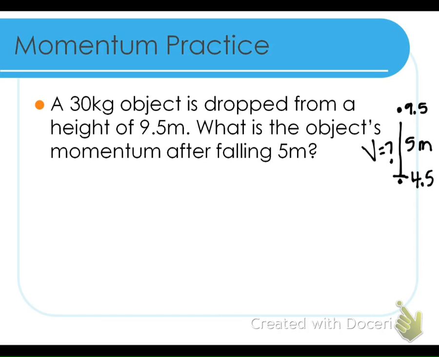All right, so now we're going to solve for the velocity of this dropped object. How do we go about solving for velocity of a dropped object? We're going to have to look back at our kinematics equations. Okay, so you might want to pull those out if you don't have those.